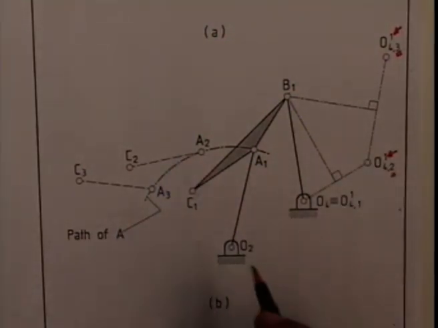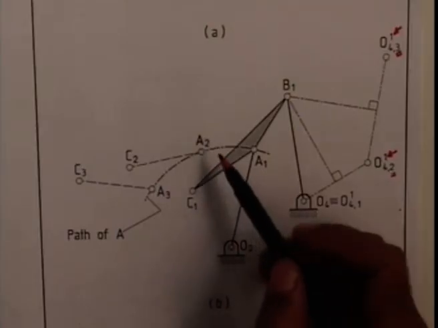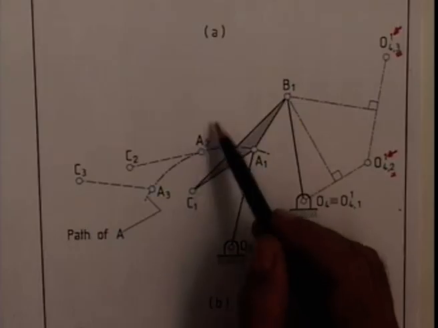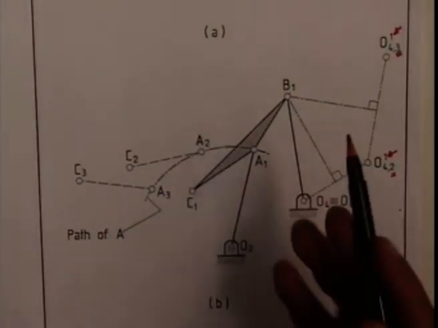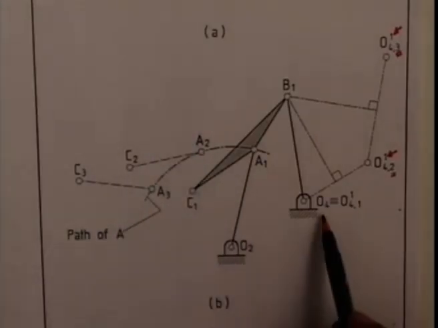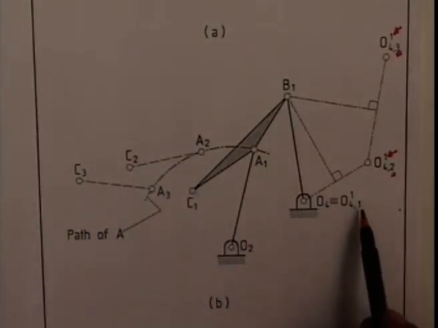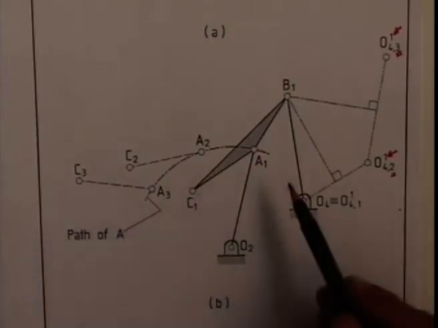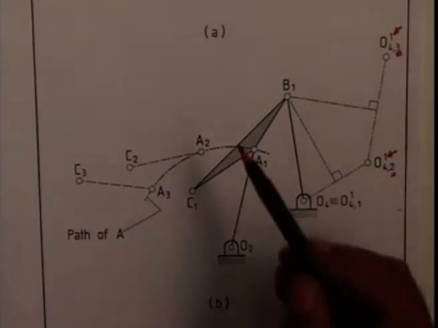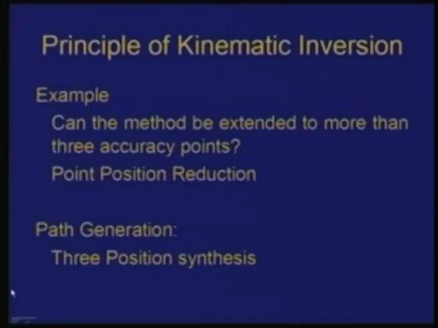That means you will locate the point B2 rather than B1. You say that the coupler does not move from A2, B2, C2, and you invert the first and third positions on the second, when O4 will be O4 2 2, and the other two positions we call O4 1 2 and O4 3 2, and the center of the circle passing through these three inverted positions will locate B2.